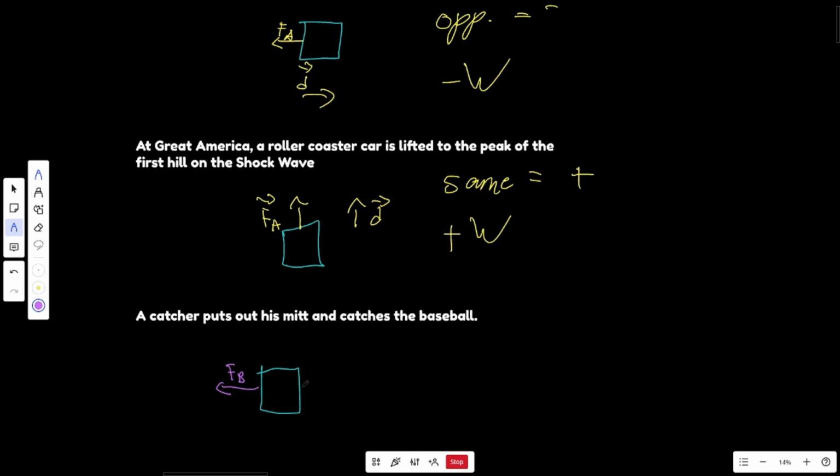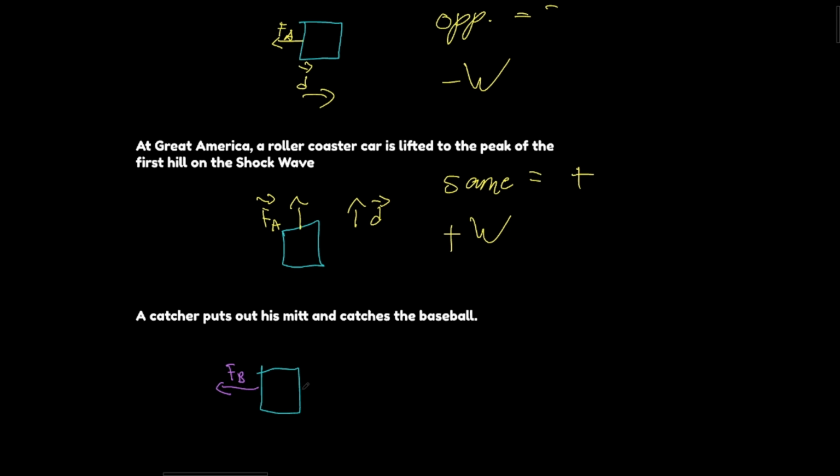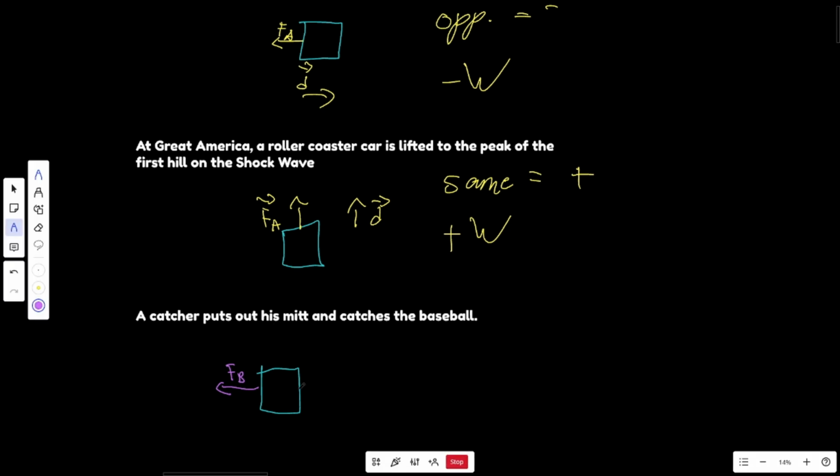However, when we want to catch it, we need to oppose the force of the ball, or else it will break through our mitt, and we can't catch it properly. So we apply a force going to the right, and these forces are canceling each other in that situation. However, where does the baseball still go?